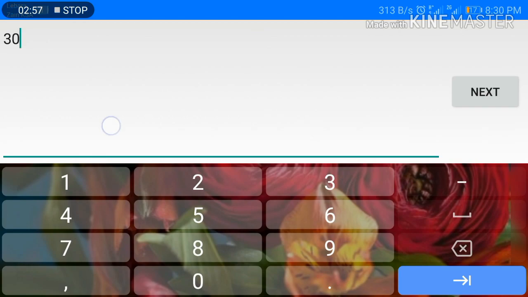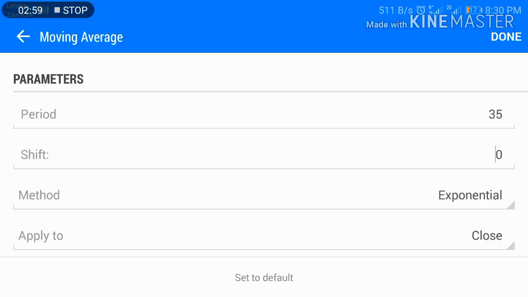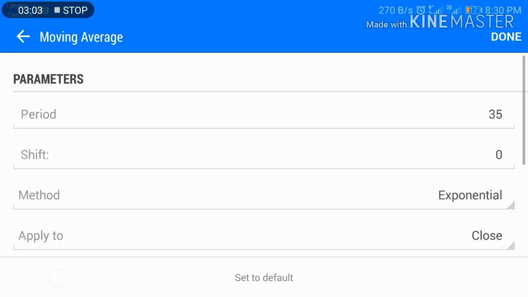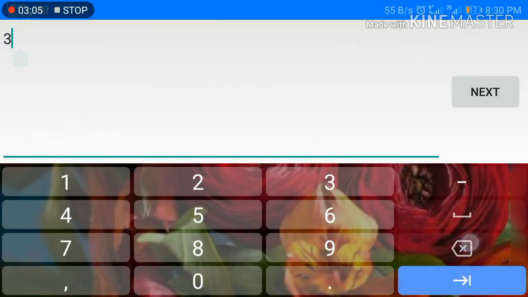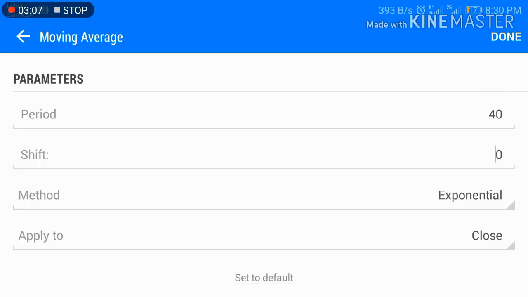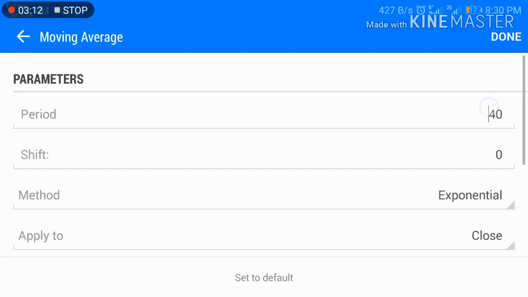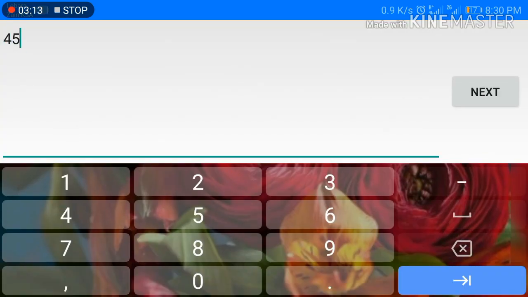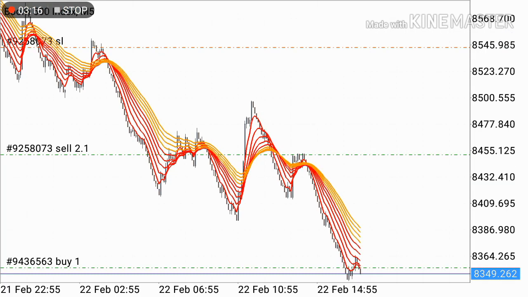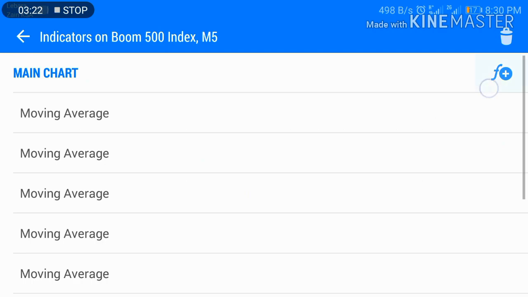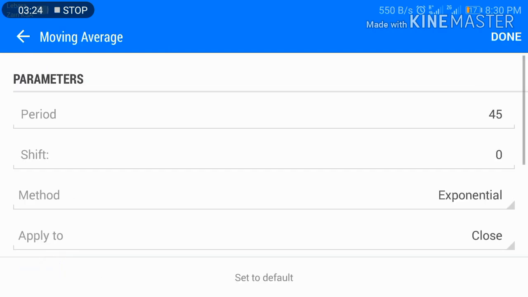Moving average 35, and done. Again, moving average 40 period, and done. Again, moving average 45 period, and done. Once more, moving average, and done.